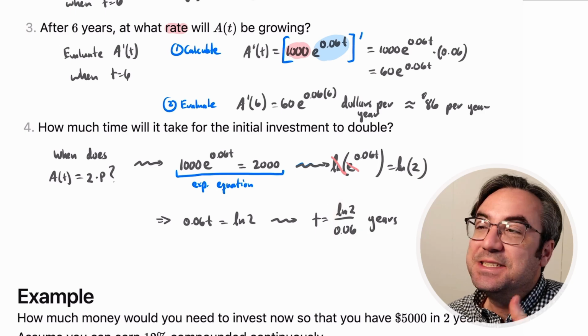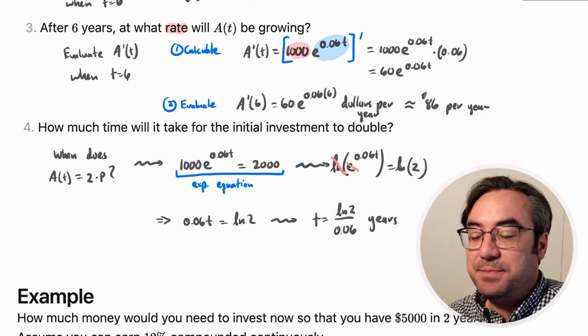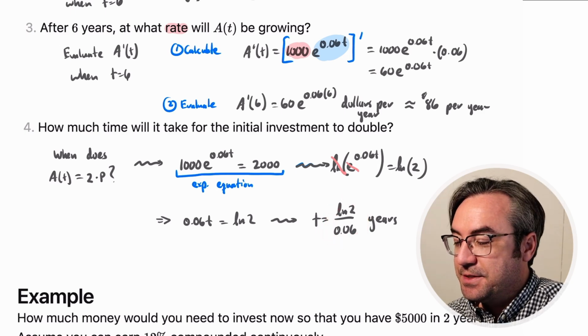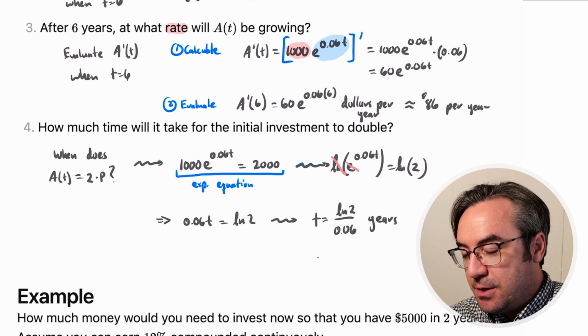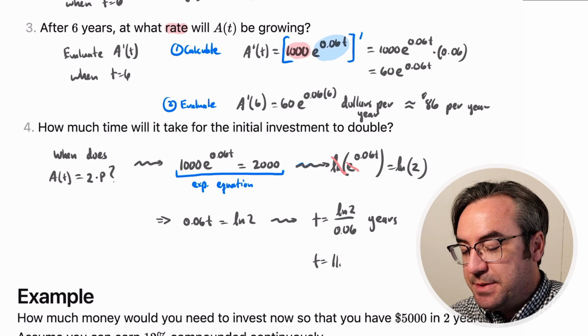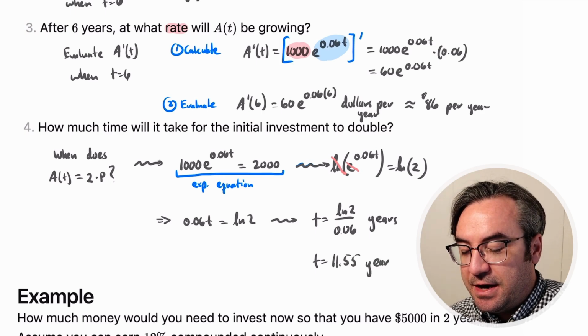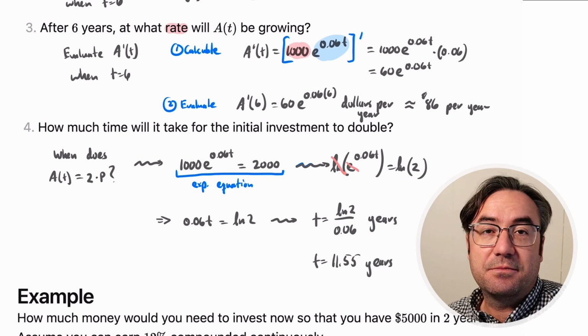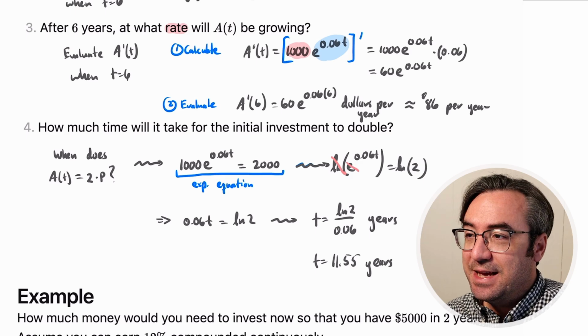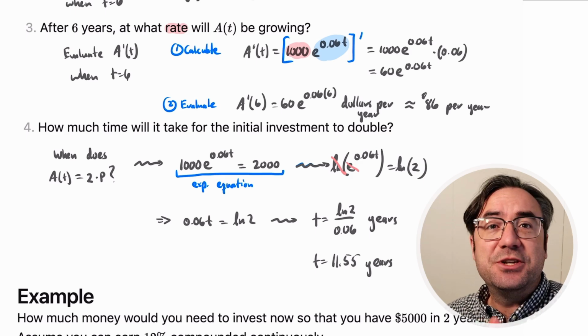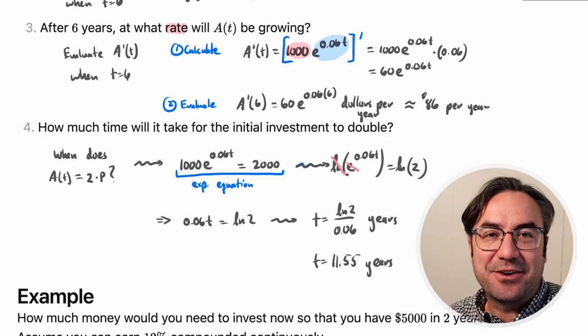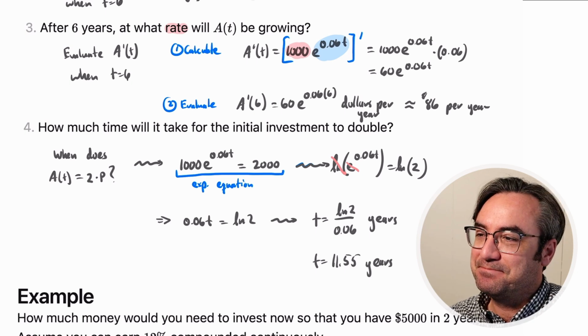To help conceptualize, if we write this out as a decimal, it's approximately 11.55. So roughly 11.5 years it would take for our account balance to double. And that's all thanks to the interest that's accumulating in our account during that time.